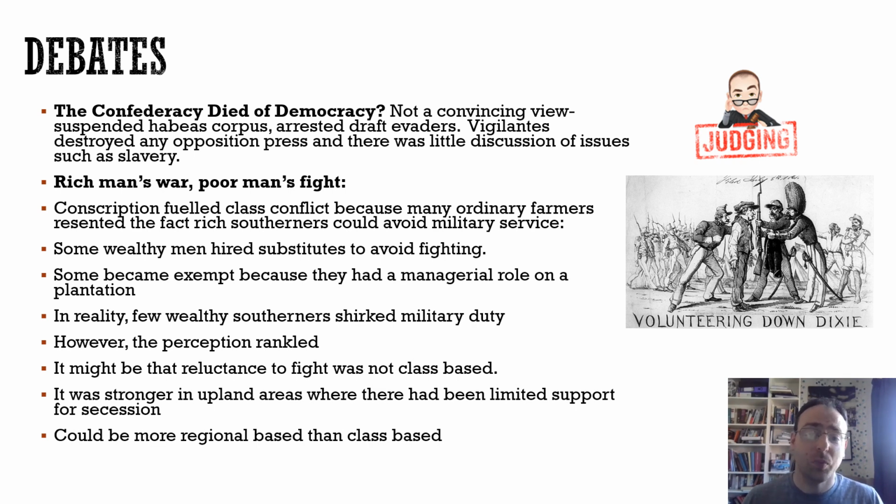I mean, there were arrests of draft evaders, vigilante groups within full knowledge of the government went around destroying any opposition press. Any kind of discussion of slavery and stuff is all suppressed. It doesn't look like it's doing hugely democratic things different to the Union. I don't think that's any real reason why it lost.